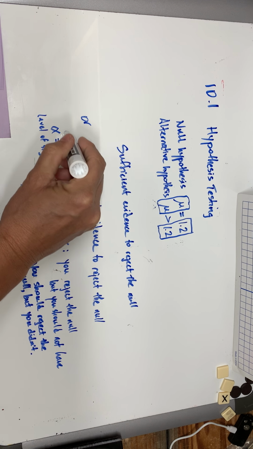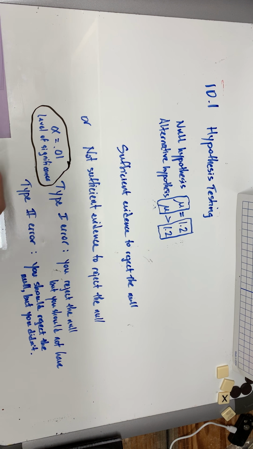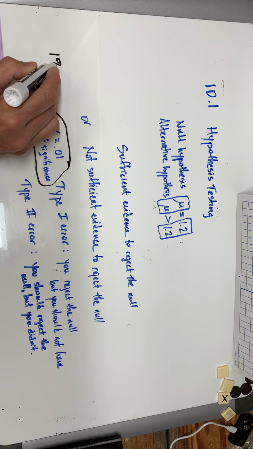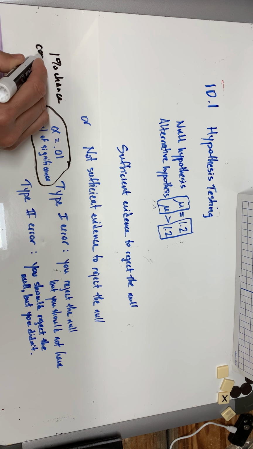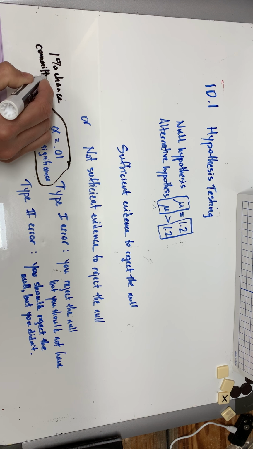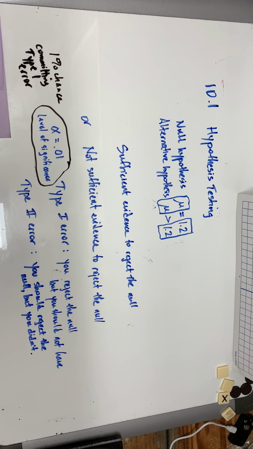Okay, so I'm going to put this in a little different color so that it'll stand out. So this means I have a 1% chance of committing a type 1 error. Okay.